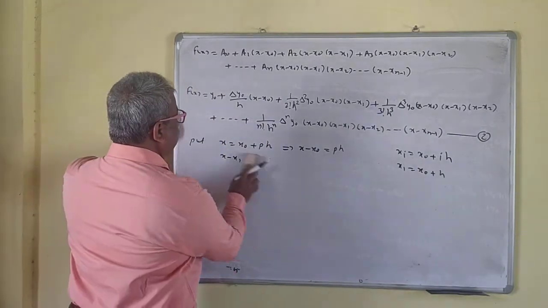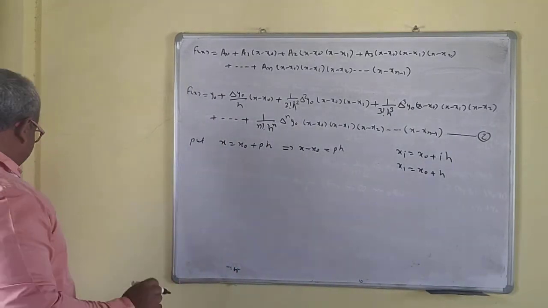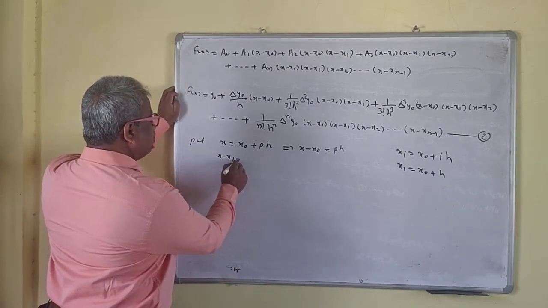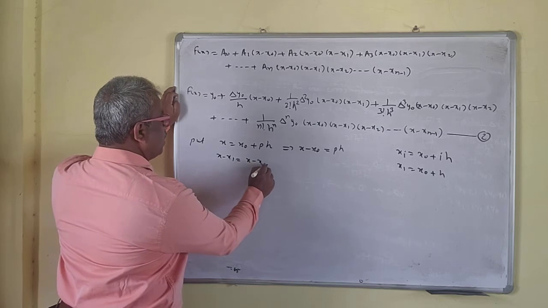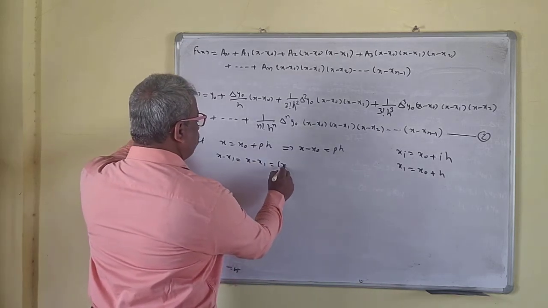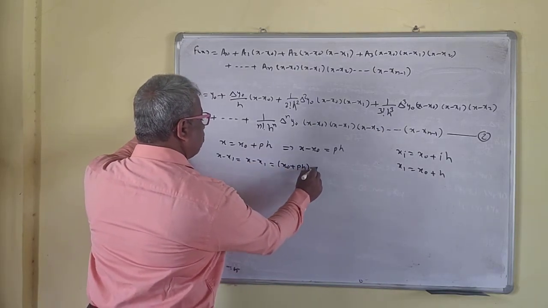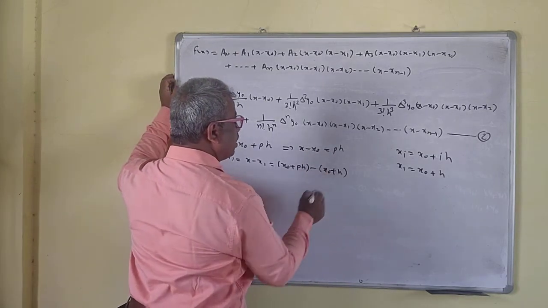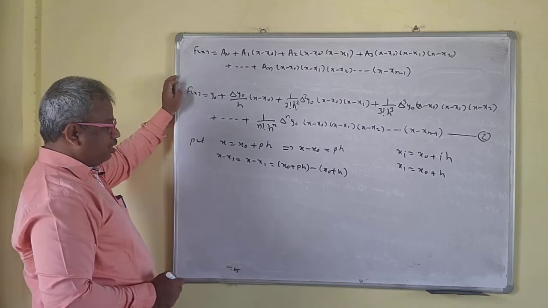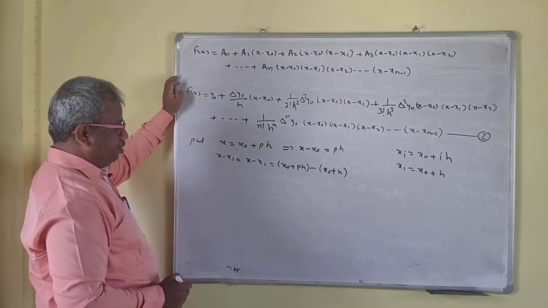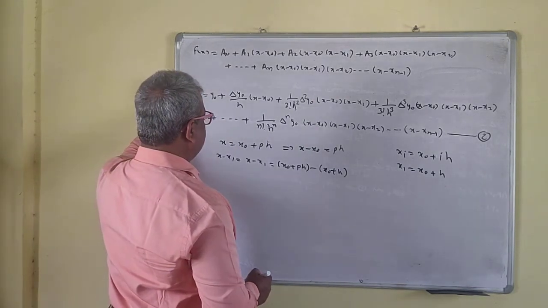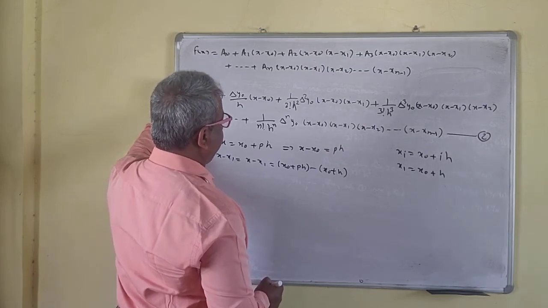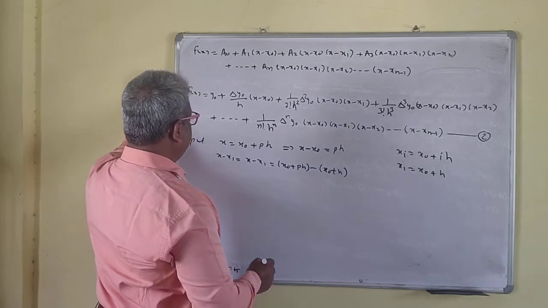See, this is your x minus x0 is ph now. I have to write x minus x1 then. So your x is x0 plus ph minus your x1, which is x0 plus h.